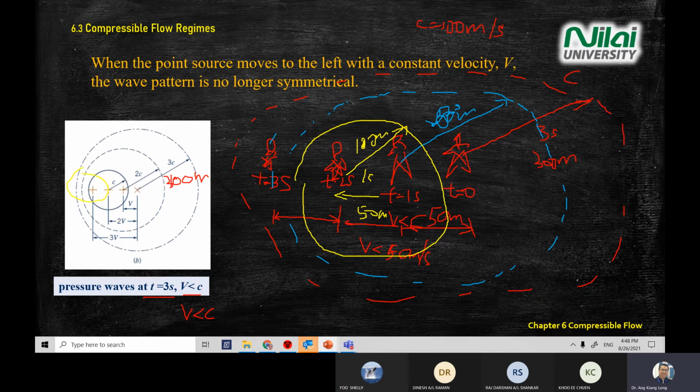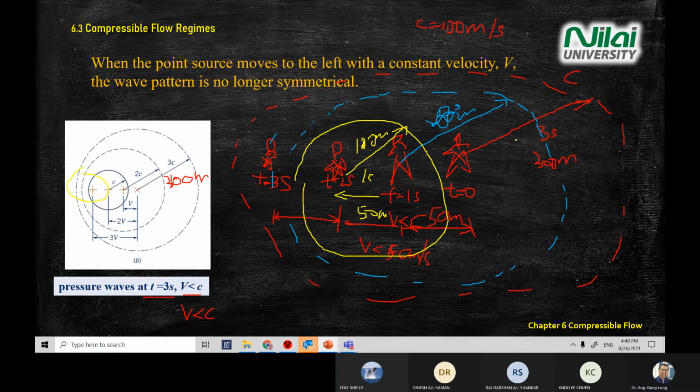Yeah. So it will take some time to process this diagram, but if you understand what I'm drawing on the right-hand side, you're able to link it to this diagram. So it will take some time to digest this diagram.